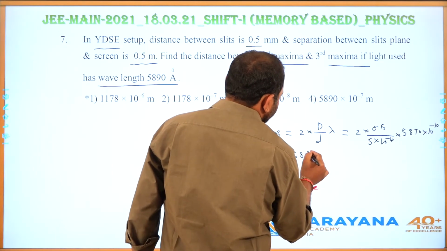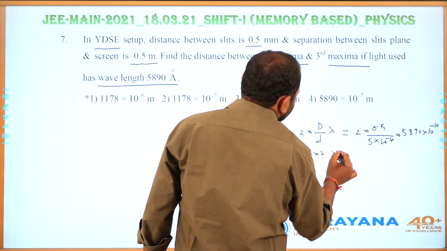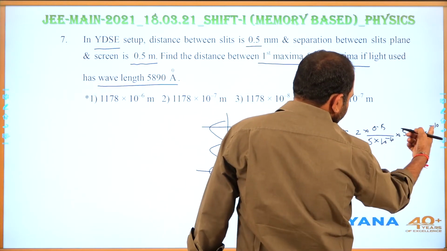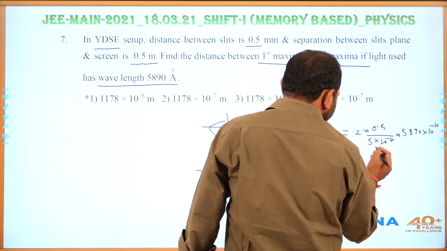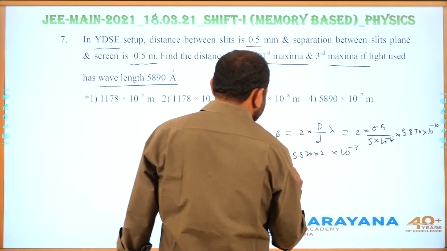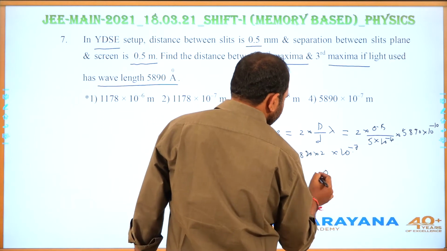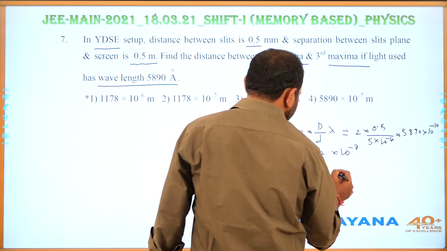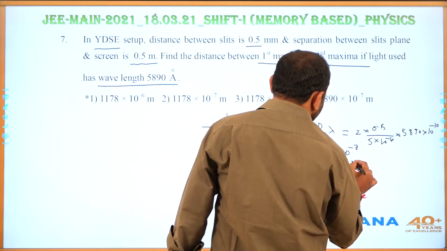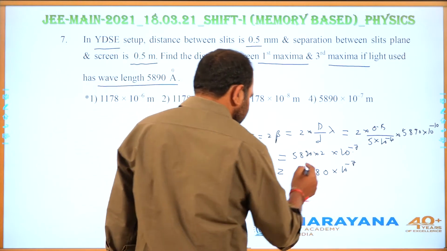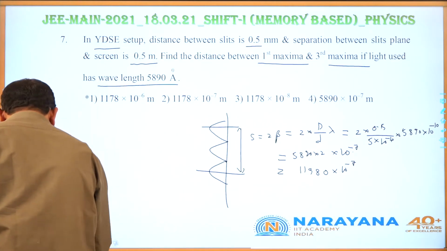So it is 5890 into 2 into 10 power minus 4 minus 6, which will be minus 7.